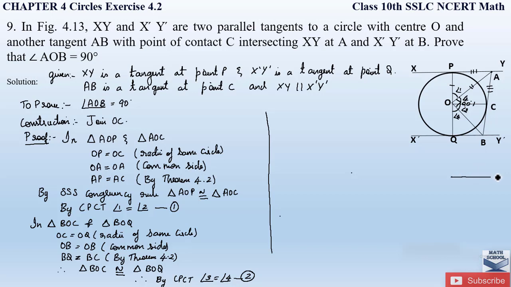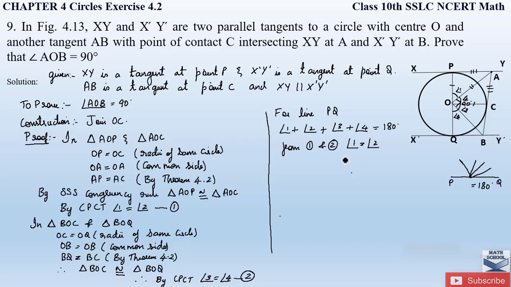According to this property, the sum of all the angles on a line is equal to 180 degrees. So for the line PQ, angle 1 plus angle 2 plus angle 3 plus angle 4 is equal to 180 degrees. But from 1 and 2, angle 1 is equal to angle 2 and angle 3 is equal to angle 4.